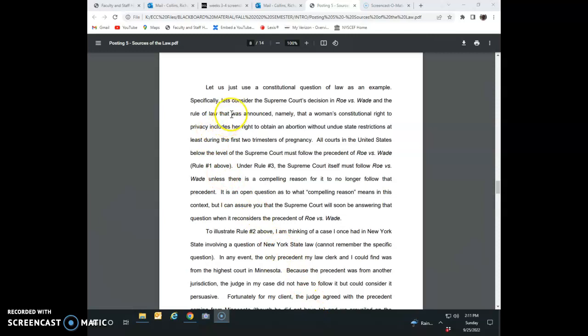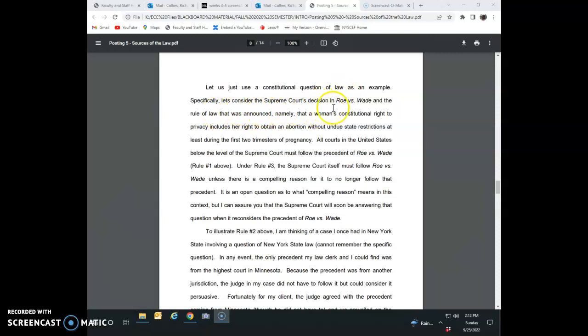So when I wanted to illustrate the three rules of precedent, I identified a constitutional question of law. Again, it doesn't have to be a constitutional question. It could be a question of law about the legal standard for assessing the liability of a dog owner for the dog attacking someone. But this happens to be a constitutional question of law.